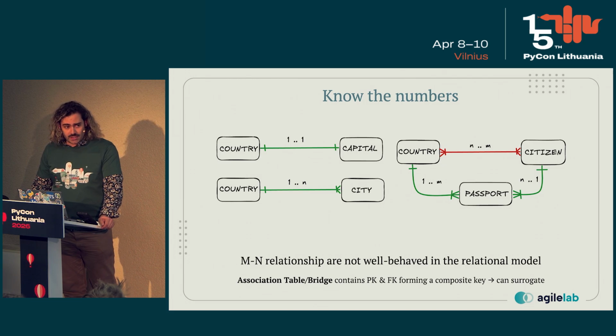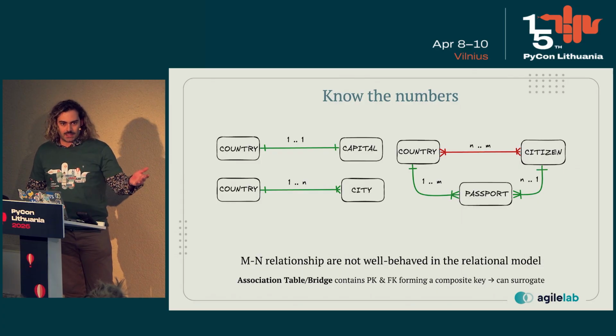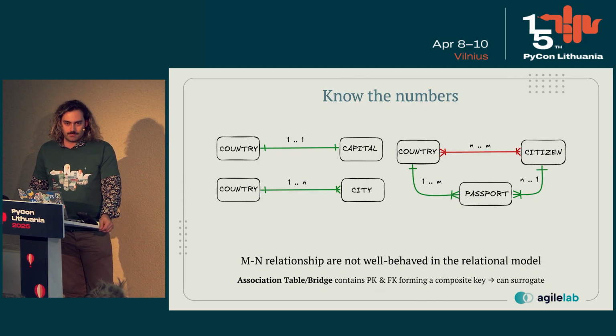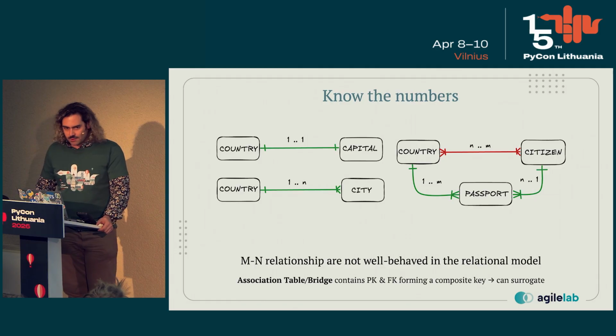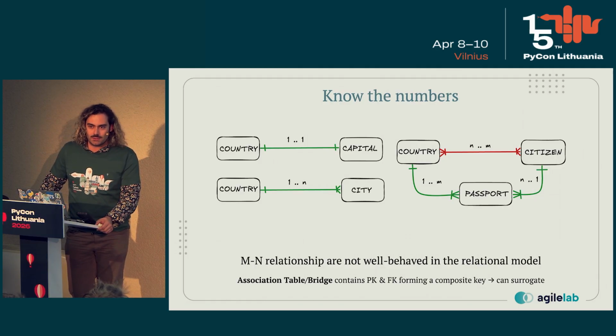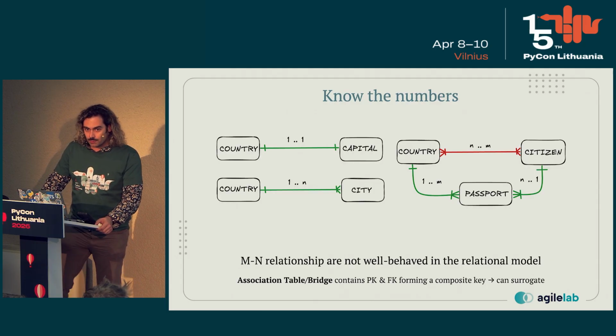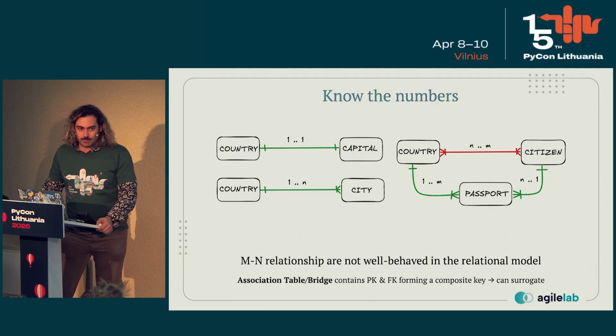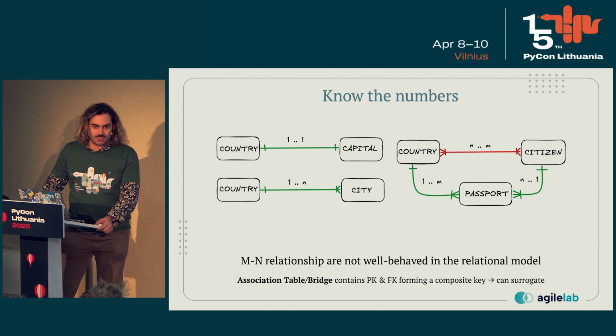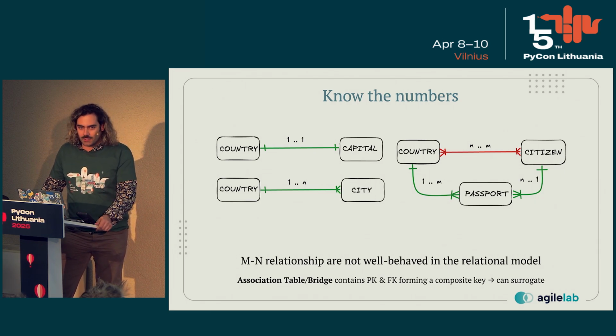But many-to-many relationships are going to be troublesome. So whenever you have a table that has many other entities connected to it, I think countries have many citizens, and one citizen can have multiple nationalities. So then you introduce a separate entity to remodel this many-to-many relationship into a link of one-to-many relationships. So the passport gives each citizen a well-defined nationality when traveling.